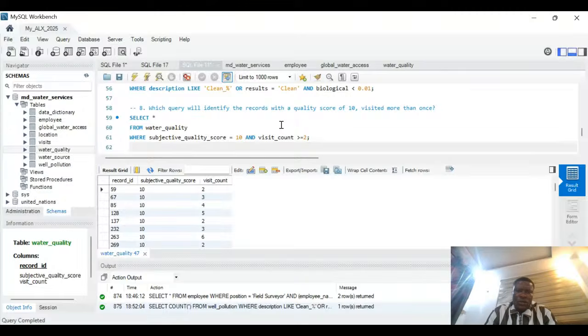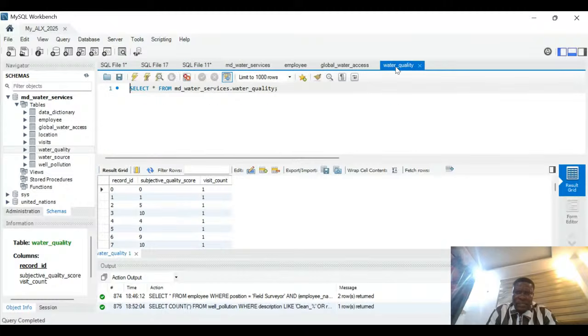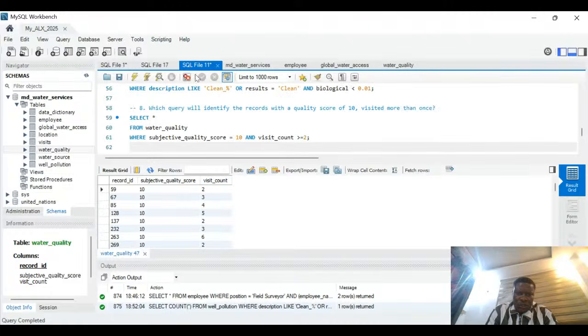So we are looking at the table that has subjective quality score and visit count. We are going to write a query to find out if there are sources that recorded a quality score of 10 and were visited more than once.